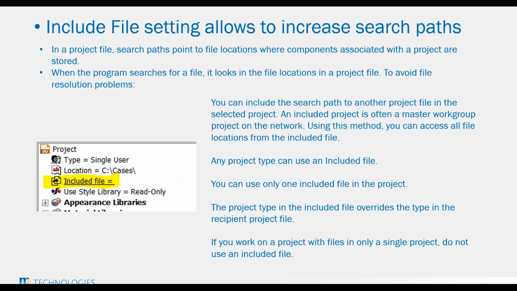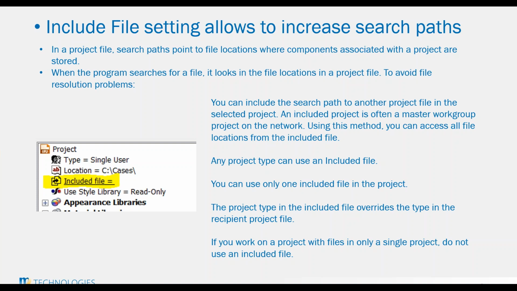So going down the initial settings when you start a new project file, when you set the initial name up, this particular one is a single user project file. The first setting underneath that is the include file option.